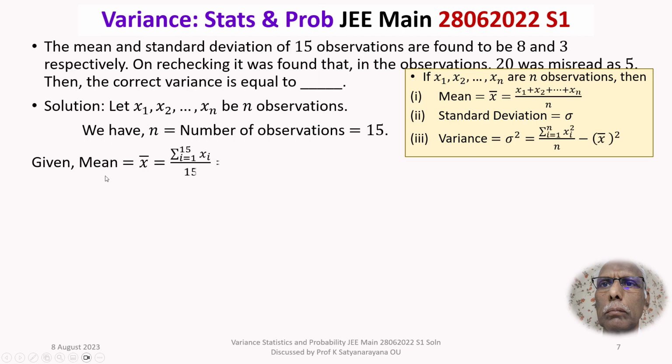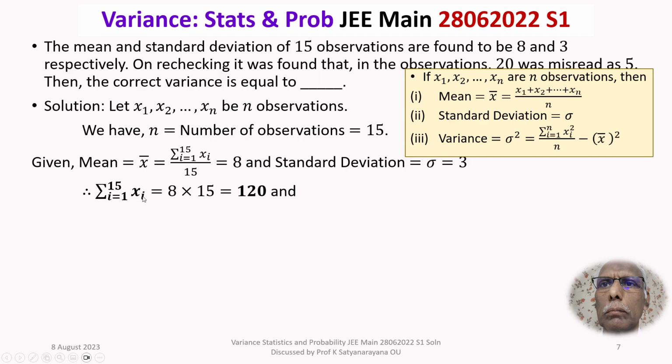Given the mean x bar is equal to the sum over i equal to 1 to 15 of xi by 15, that is given to be 8, and its standard deviation sigma is given as 3. From this mean we obtain the sum of xi from 1 to 15, the sum of the observations, is equal to 8 times 15, that is 120.